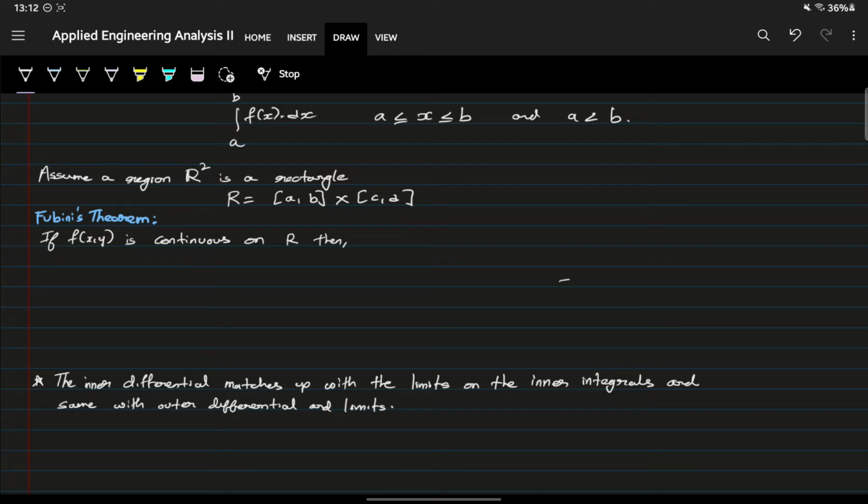So in this case, let us assume a region R, which is a rectangle between the limits a, b and c, d.